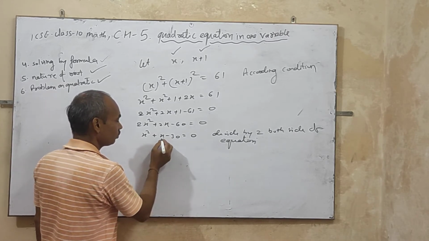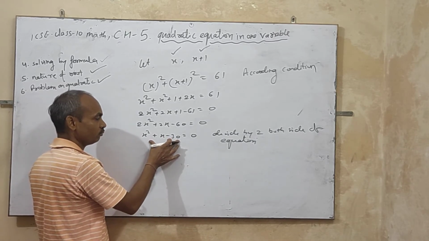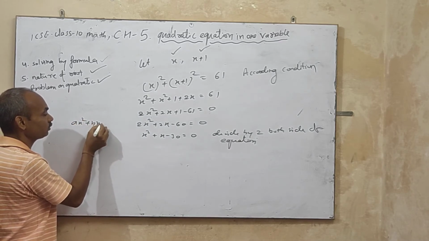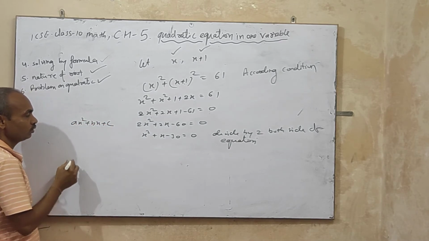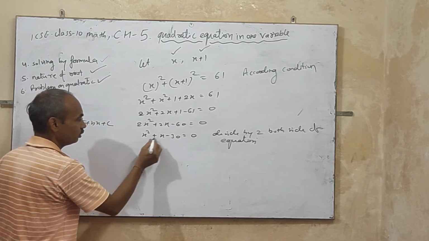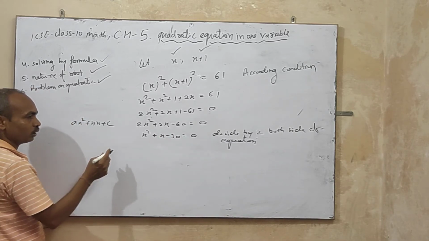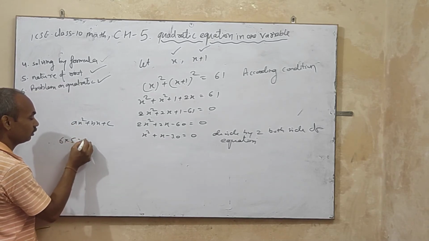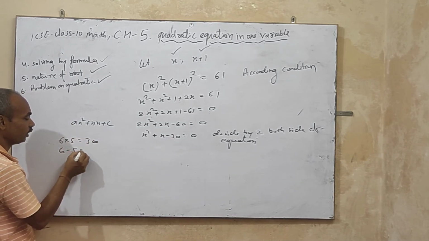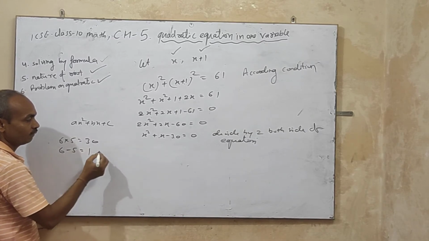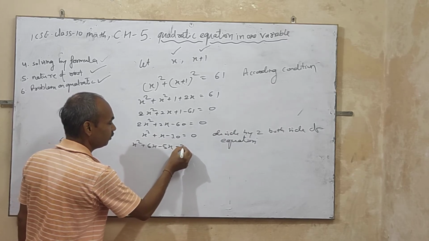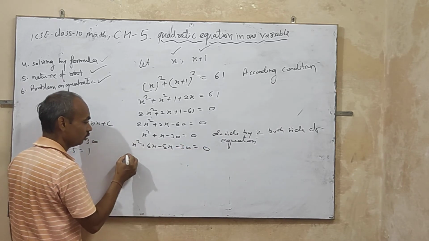Now compare this equation with ax square plus bx plus c. The 30 should be broken so that the answer is 1. 6 times 5 is 30. 6 minus 5 is equal to 1, which is b. x square plus 6x minus 5x minus 30 is equal to 0.